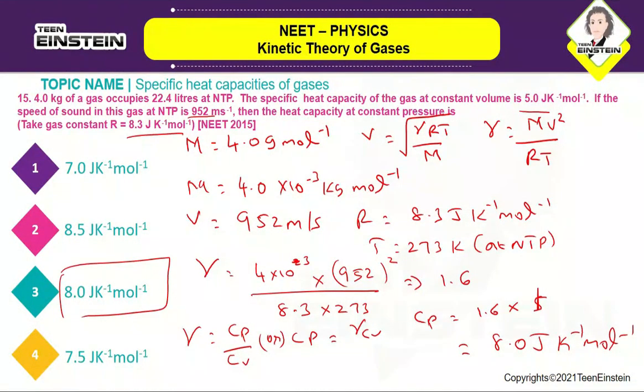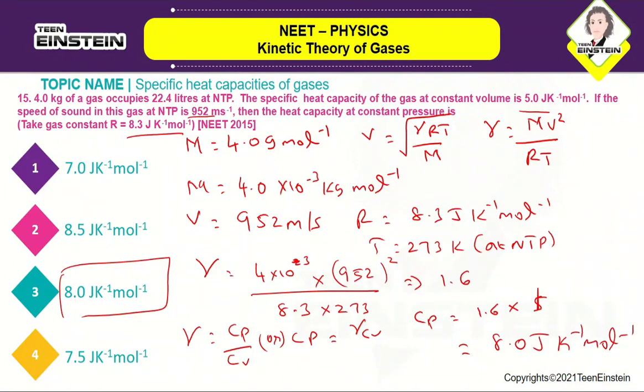So first thing you are going to do is find out the gamma value, which is given by Mv square by RT, and they have given the values of mass, velocity, gas constant R and the temperature.